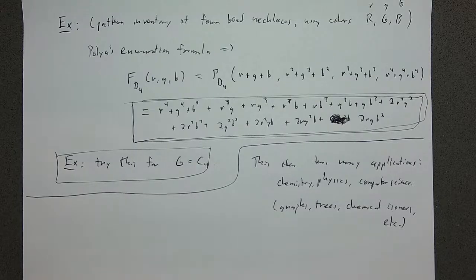We're rapidly approaching the end of the course, and this was the last big named thing I definitely wanted to get to, Polya's enumeration formula, which is the payoff for all this group theory stuff we've been developing.